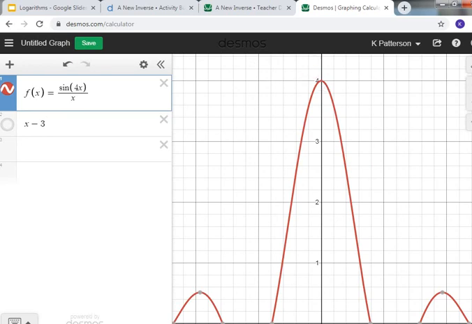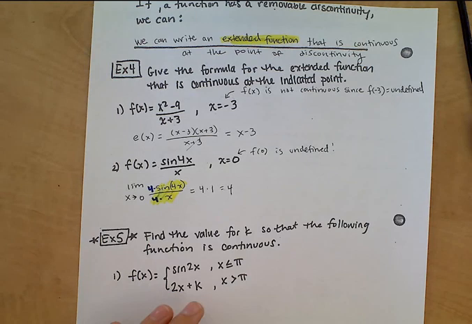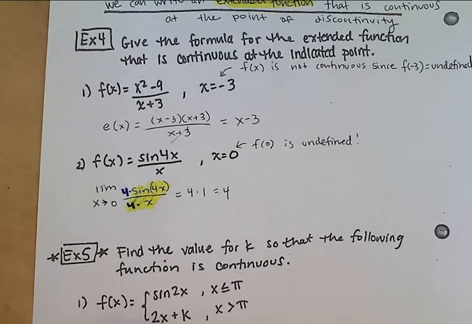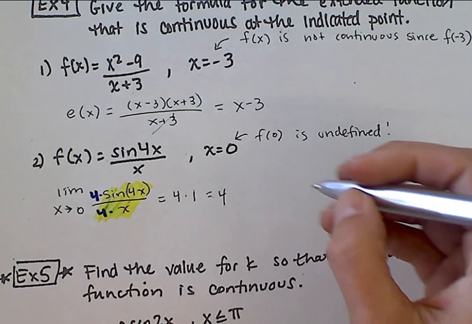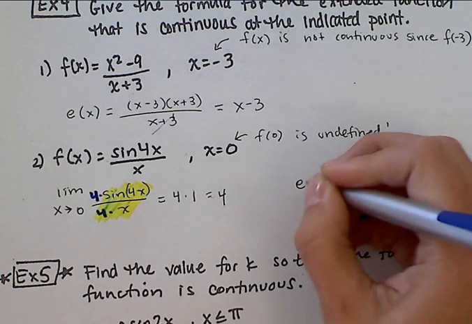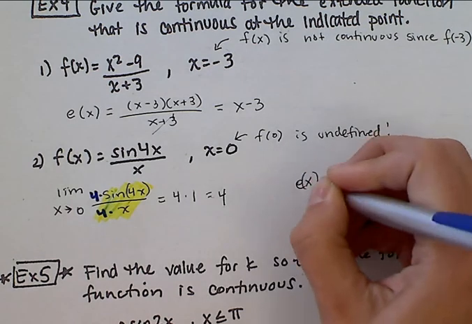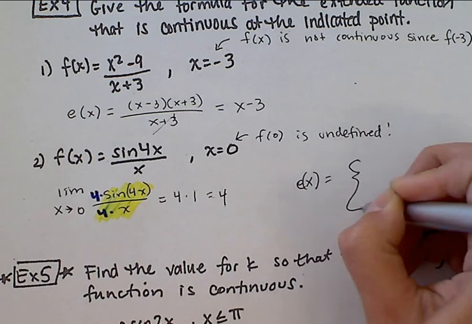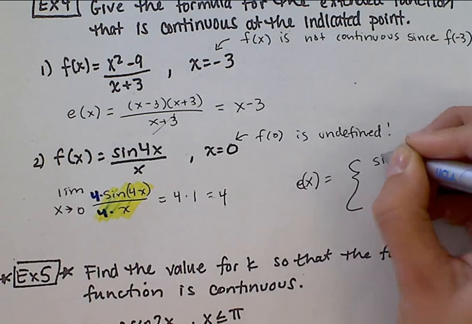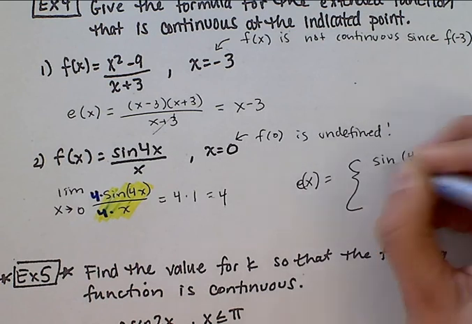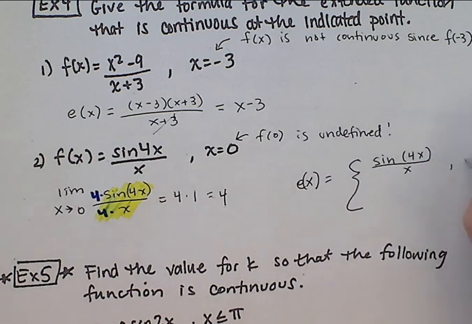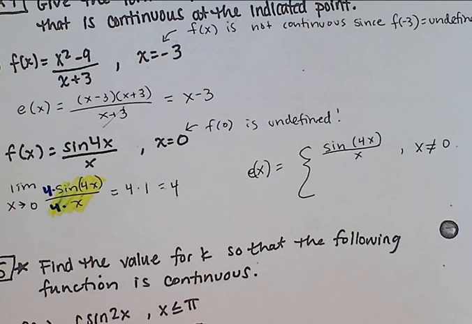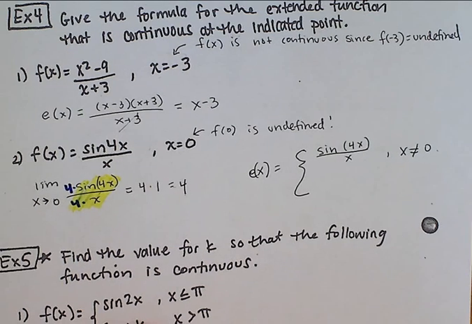And what this is going to look like is a piecewise function. So I'm going to make my extended function, e of x, a piecewise function, where we still have that original graph, but only for when x does not equal 0.